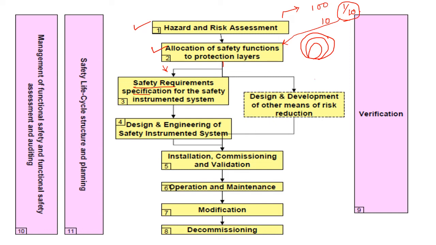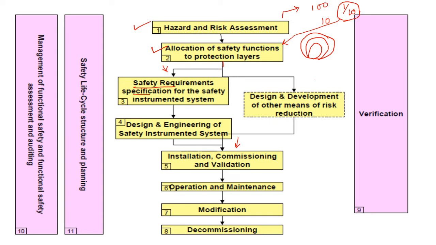Once both of them are combined, we get the design and engineering of the safety instrumented system. After that we do the installation, commissioning and validation. Validation is basically doing the site acceptance test.